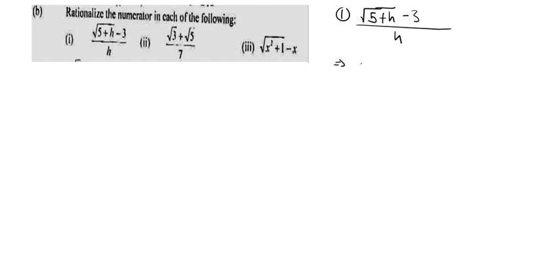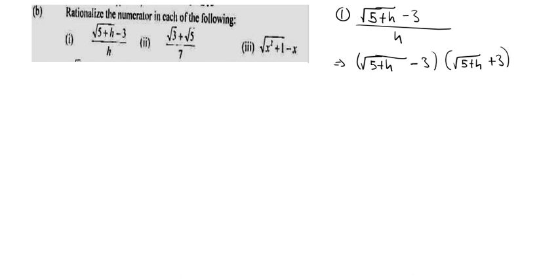So what I'm going to do is, that is 5, not 3, so root of 5 plus h, minus 3. When you do the conjugate, we'll have root 5 plus h, then plus 3 like that.